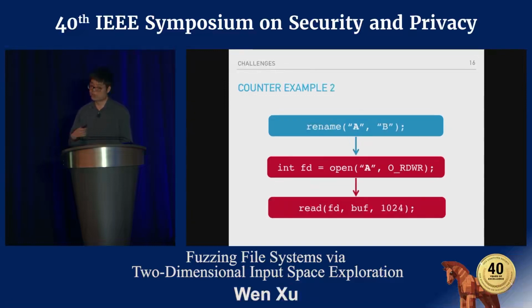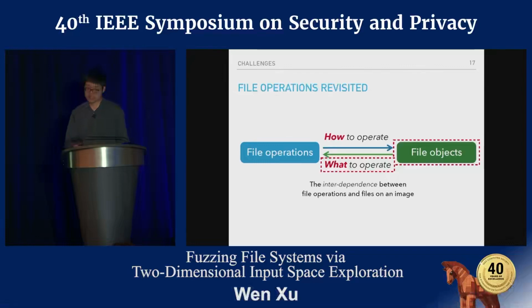Or maybe a file has already been renamed early in the system call list, but they still try to open it and read it. So these later operations are all meaningless. The reason is that they only care about generating syntactically correct file operations to operate on some file objects.